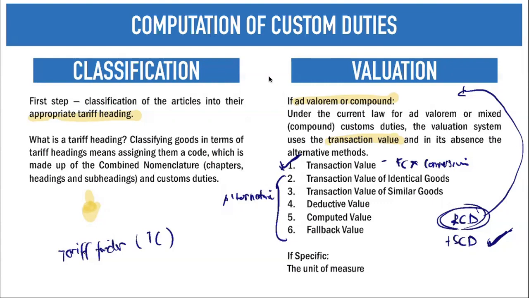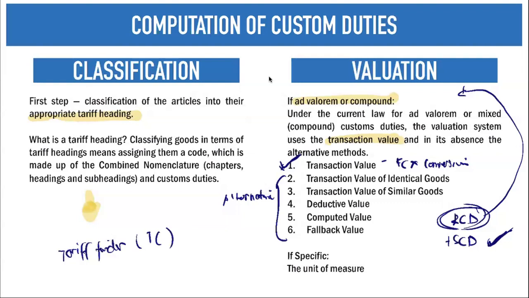So they are identical. Next, transaction value of similar goods. When we say identical, they are really the same. If it's similar, they only have certain characteristics that are the same. If identical, they are all the same. Similar, only some.